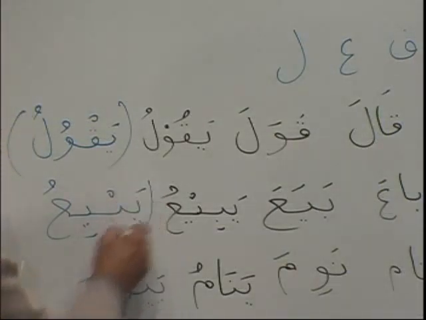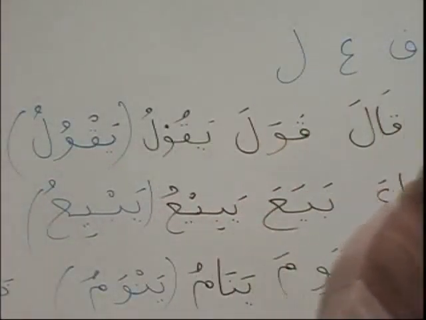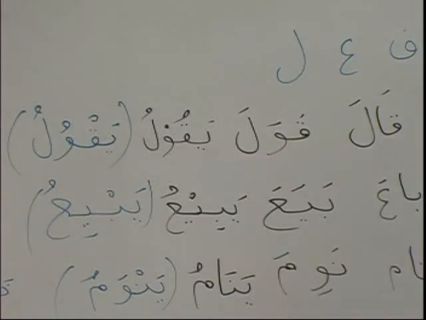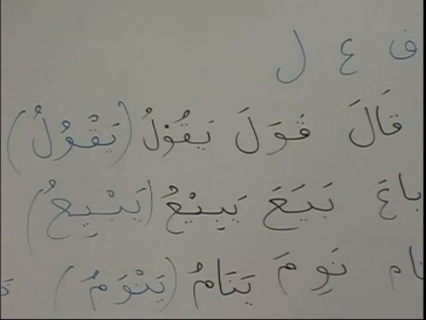There are only 3 forms in ajwaf. Okay, brothers and sisters. Now, what happens? You start from qala. Start conjugating qala. Qala, qala, qalu, qalat, qalata, and then why qulna, brother?